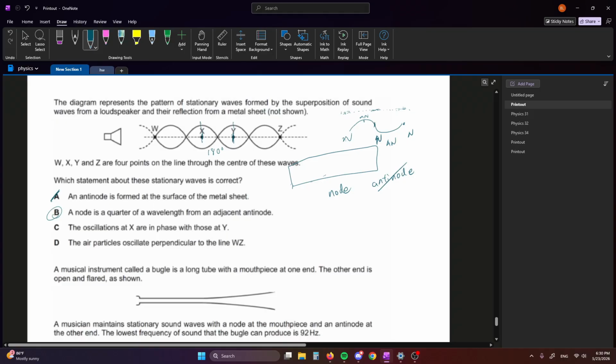As for D, the air particles oscillate perpendicular to the line of W and Z. No, they don't. These are stationary waves, so they actually go from side to side, I believe. This is for transverse waves, I think. So it's not these two.